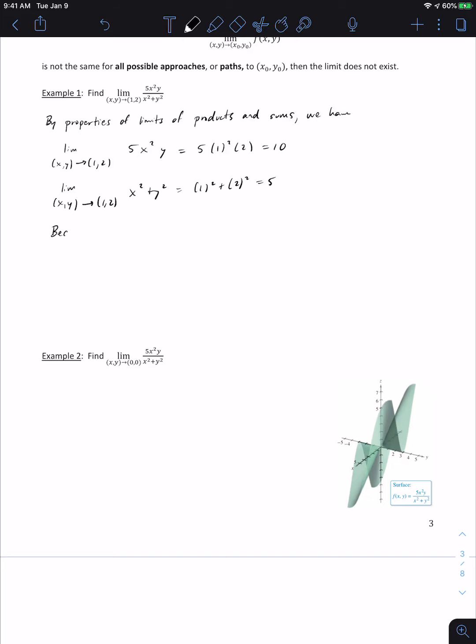So because the limit of a quotient is the quotient of the limits, and that's what I mean by you can just plug in at the top and bottom.